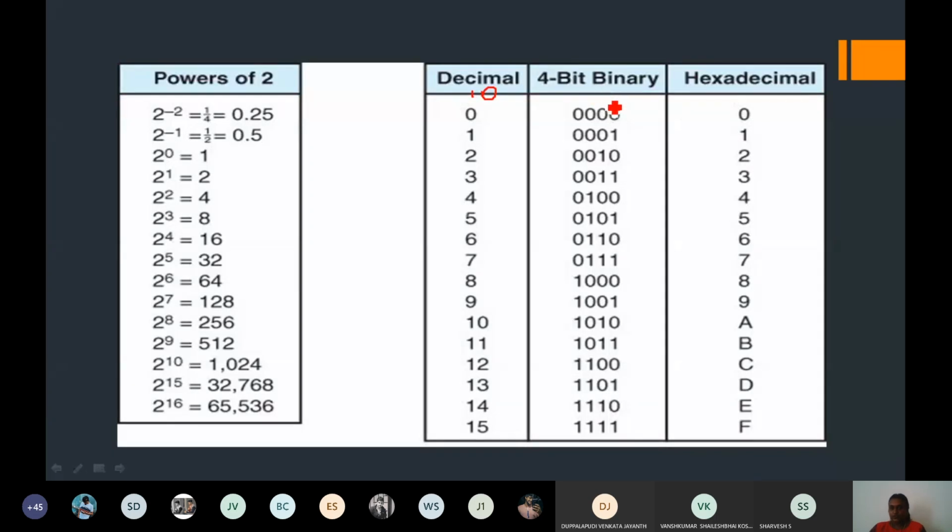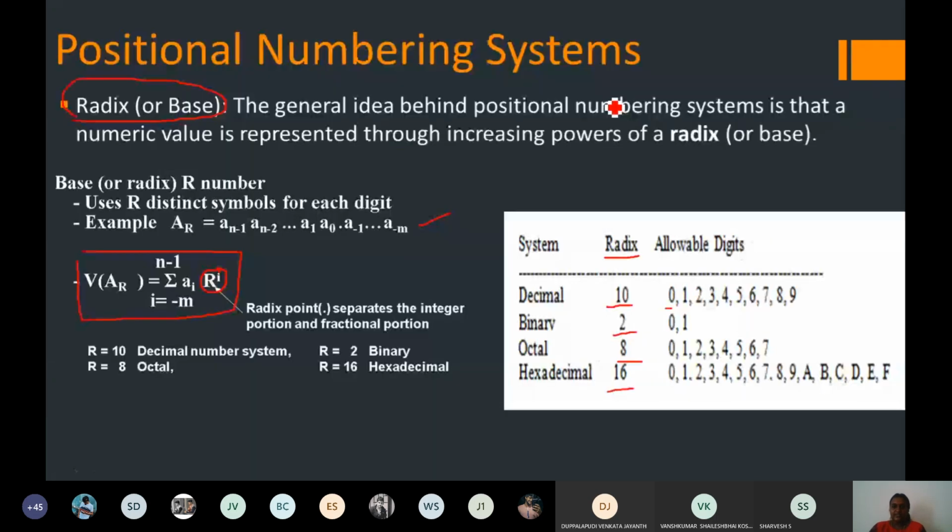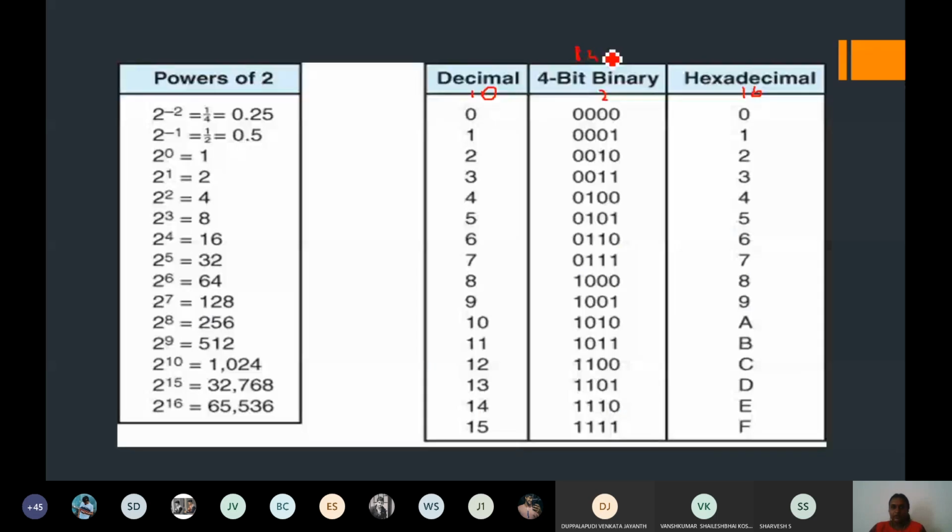It is going to be 2. For hexadecimal, what value is it going to take? It is going to take 16. So if I had to represent it here, it will make use of the binary system as 8 4 2 1. Am I right?